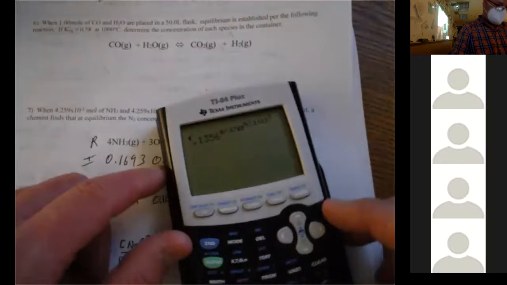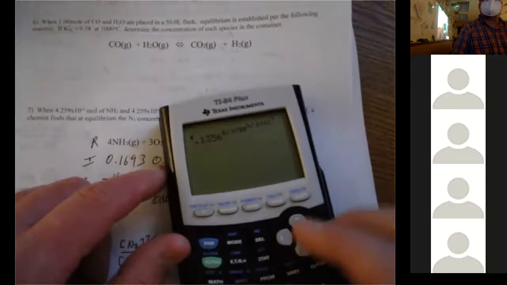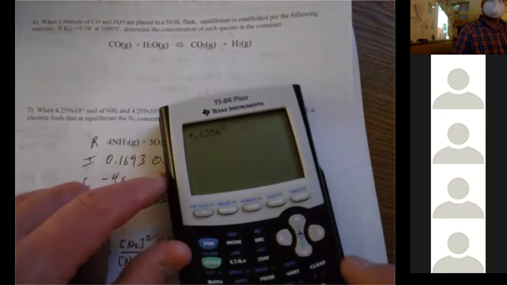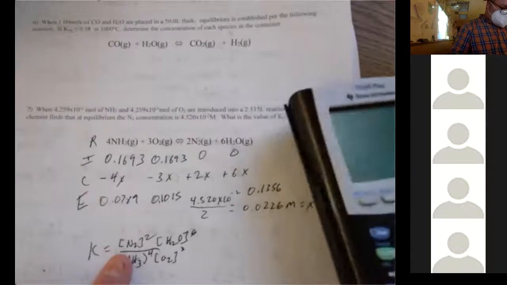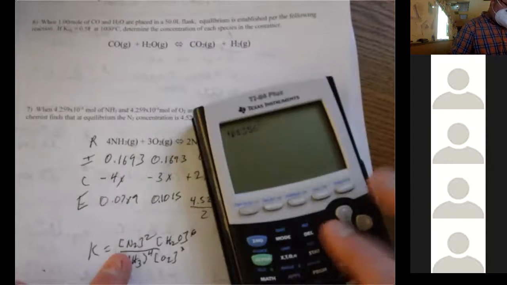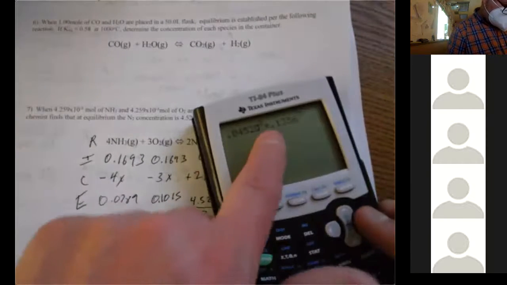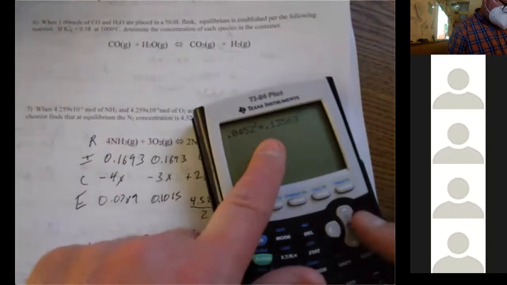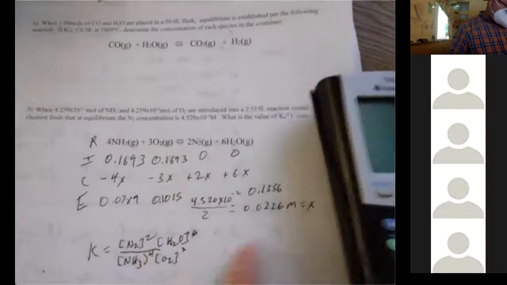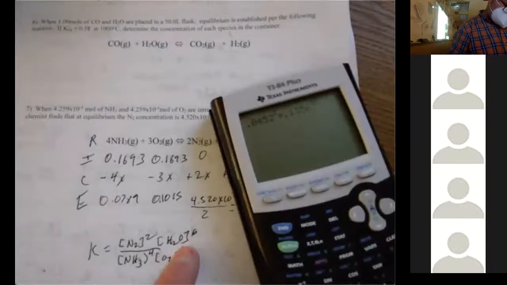Oh, dang it. Look what I did. I don't know how to do these calculators. Try that again. 0.1356, times, and this is to the 6th.